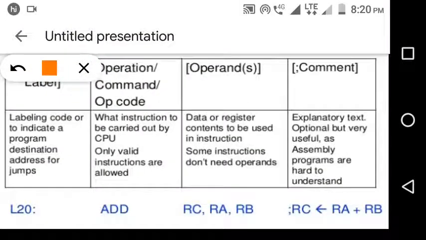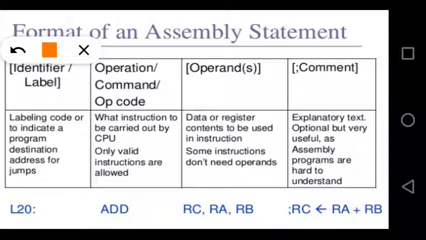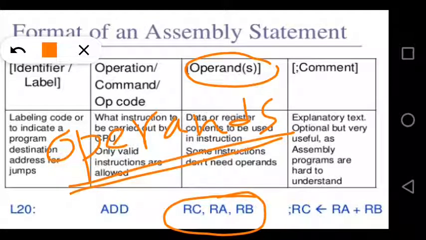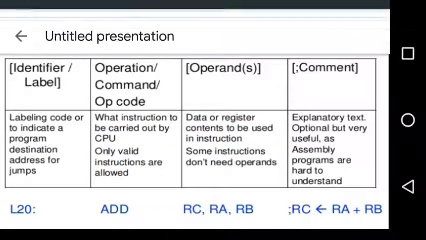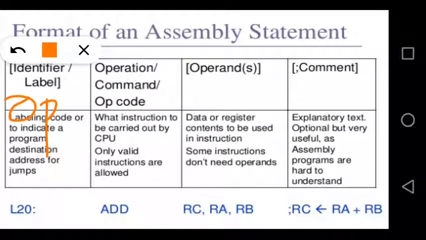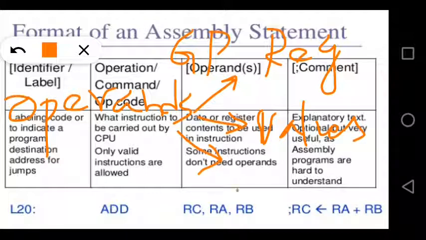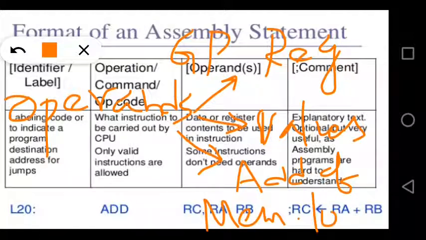Next, we have the operands. The operands can be registers, general purpose registers, or they can be some values in the instruction itself, or they can be the address of a memory location.